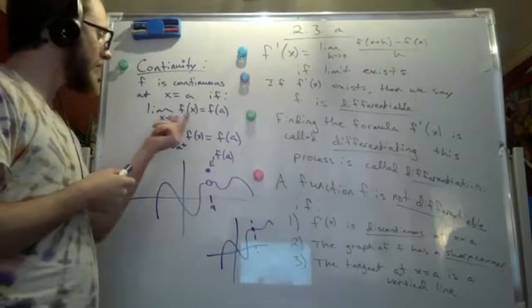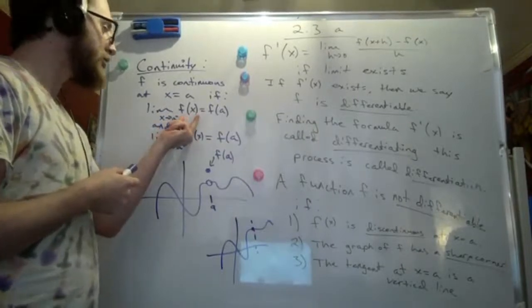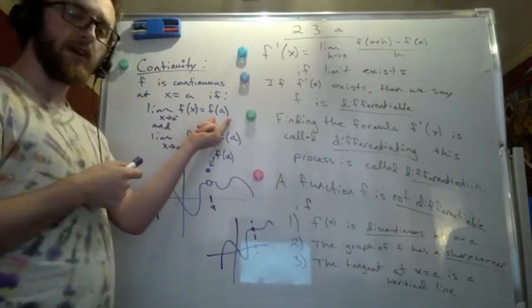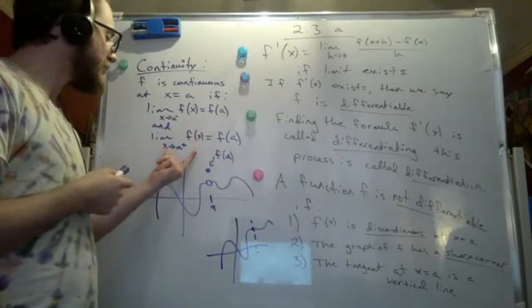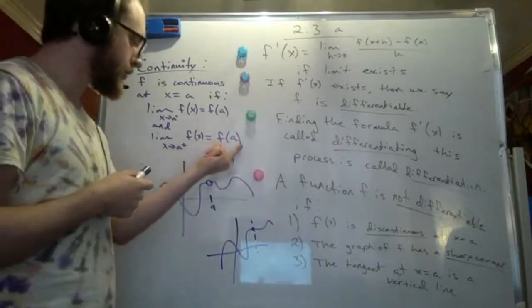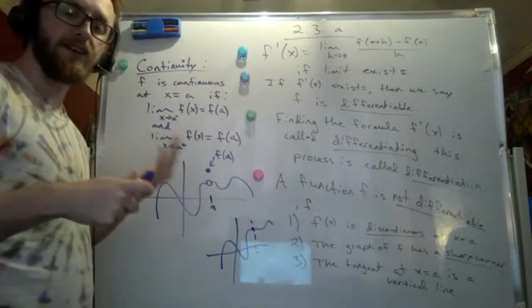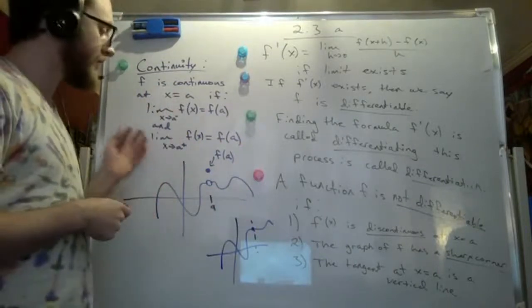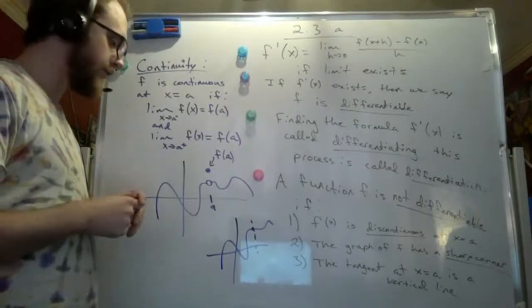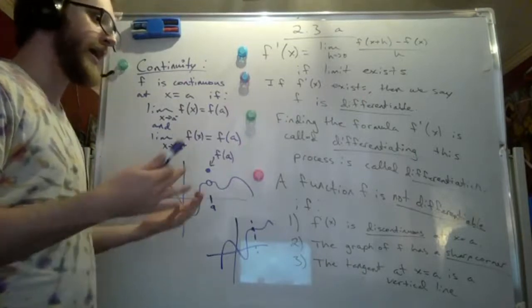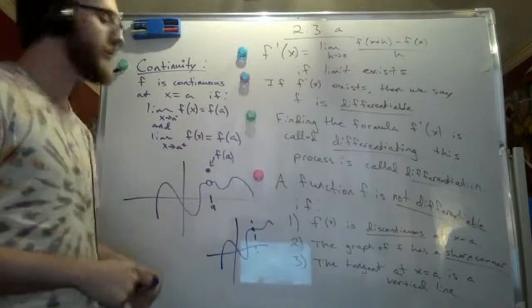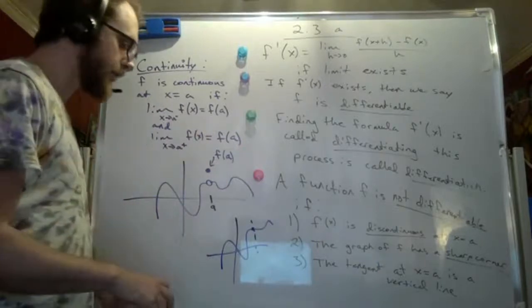You're going to take the limit from the left-hand side, show that it equals f of a. Do the same for the right-hand limit, show that it also equals f of a, and then you're done. You've proven that the function is then continuous at that point. So that may be a nifty trick for any questions if you're asked if it's continuous at a point or not. So keep that in mind.